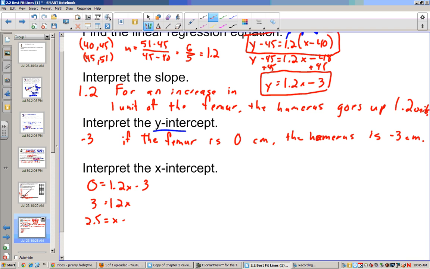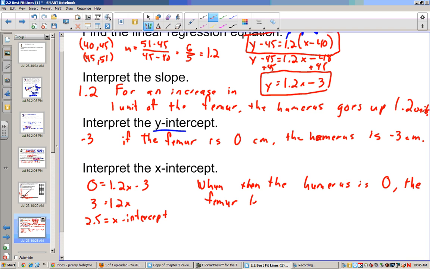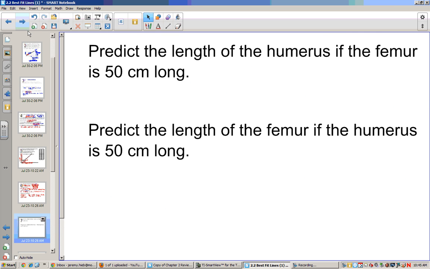So the x-intercept is 2.5, and that's saying when the y value, so when the humerus is 0, the femur length is 2.5 centimeters. And again, why would someone's humerus be 0 centimeters long? That doesn't make sense.